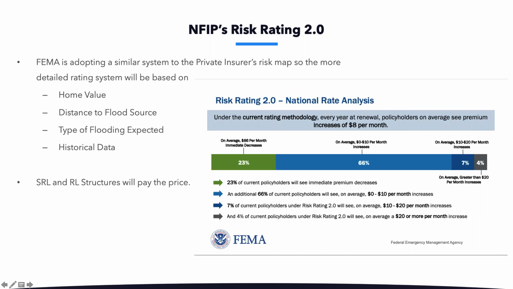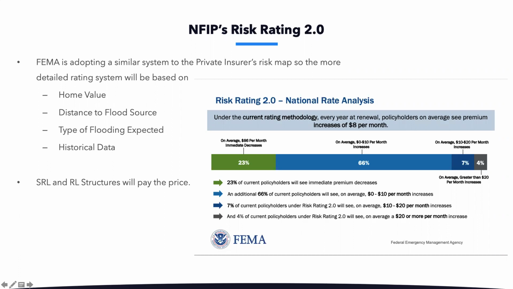So instead of looking at the elevation certificate, they now look at what the home's value is. They look at the distance to the flood source. Okay, is this on a barrier island? Is this inland? Is this directly bordering a flood zone, or is it a tenth of a mile or a quarter of a mile away from it? And then as well as the historical data.